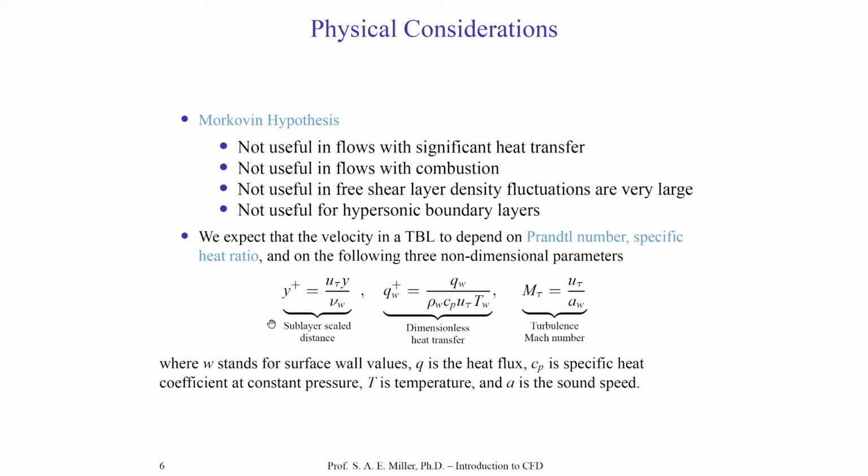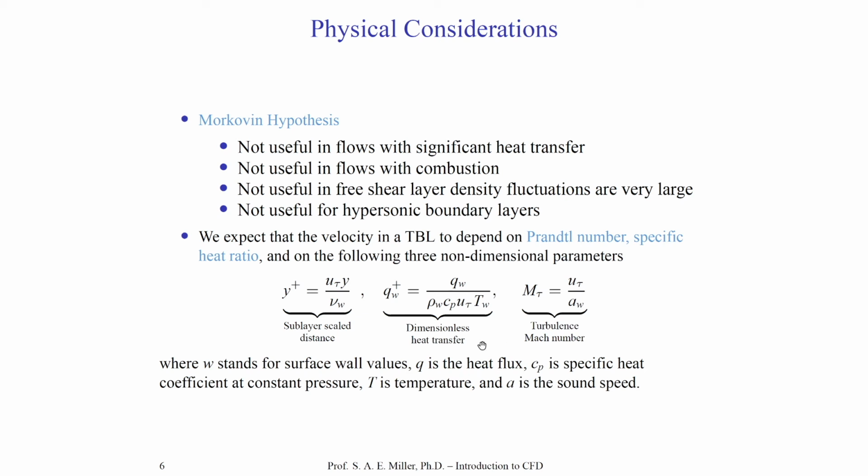That's the non-dimensional distance from the wall with friction velocity and viscosity at the wall. You'll now note that we wrote viscosity with subscript w denoting it's a wall quantity. Why? Because of course in a high-speed or compressible flow, we would expect viscosity to vary with spatial position, and it's mainly dependent on temperature. We also then have a dimensionless heat transfer term and a turbulent Mach number.